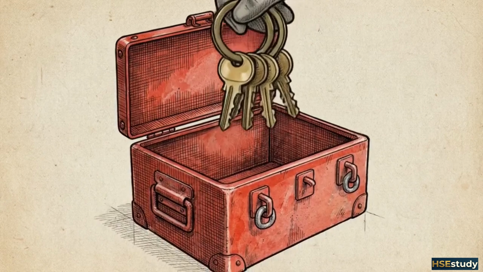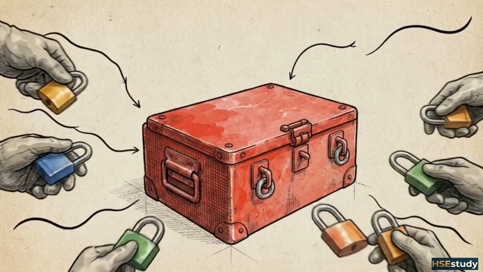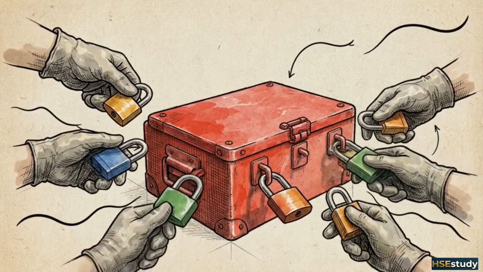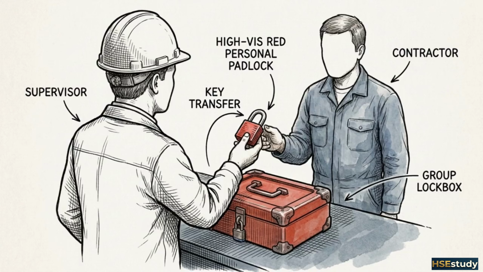Finally, every single individual worker, including the PAE, applies their own personal safety lock to the exterior of that group lockbox. This physical interlock ensures the machine cannot be re-energized until every worker has removed their lock, providing perfect continuity during shift changes or multi-team contractor jobs.